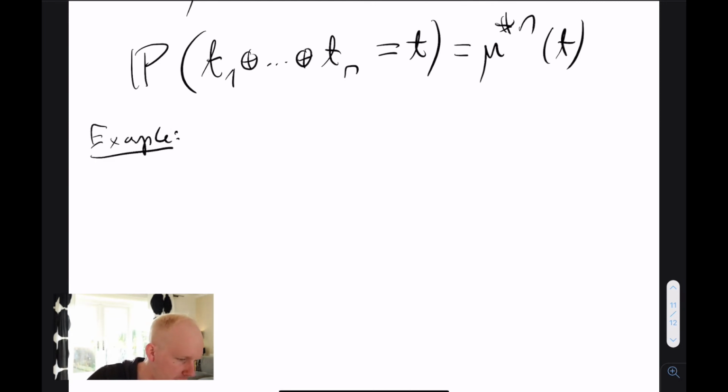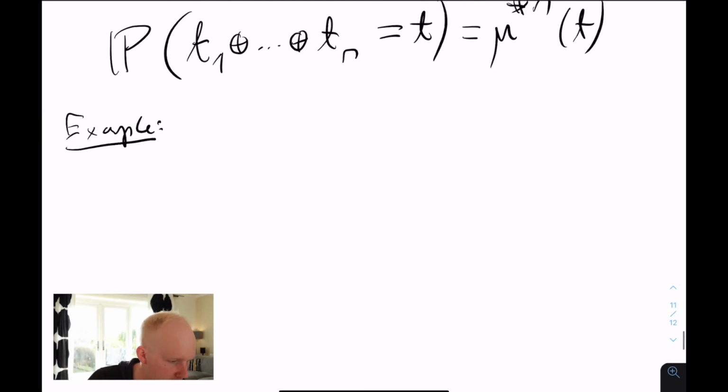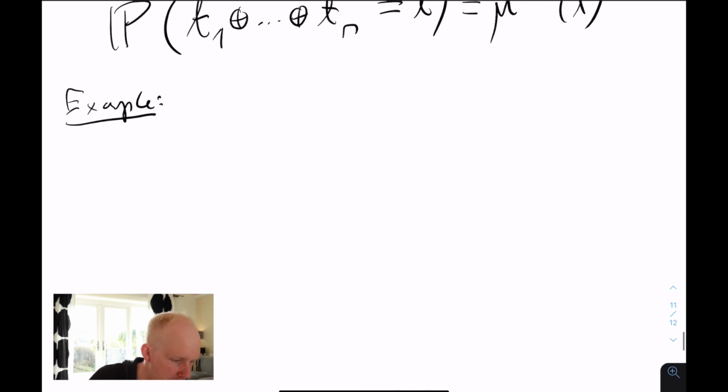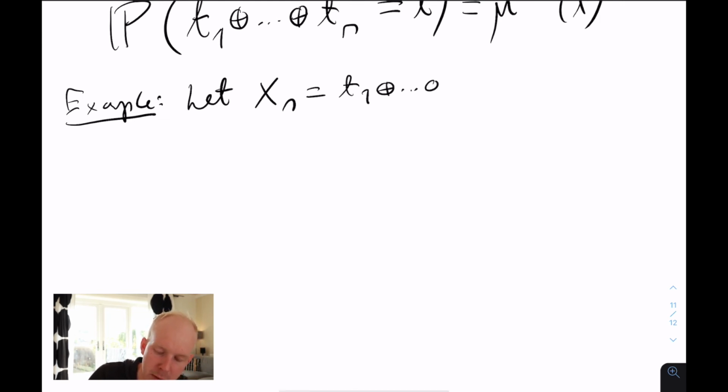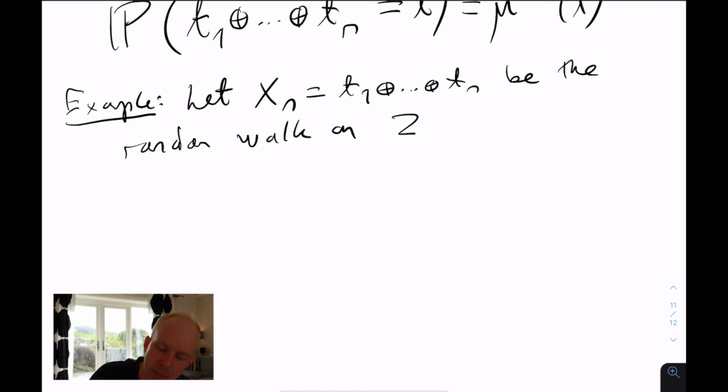A very simple example would be: consider X_n to be this random walk T_1 plus ... plus T_n on Z_p, driven by mu.